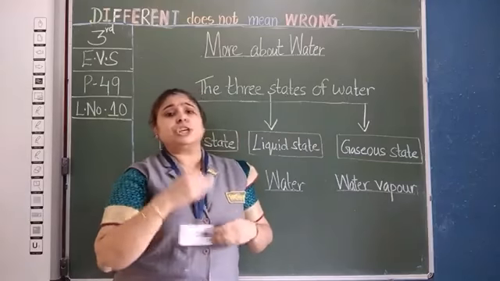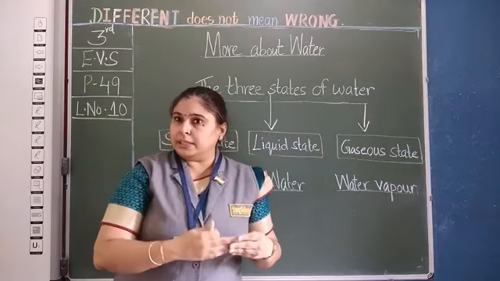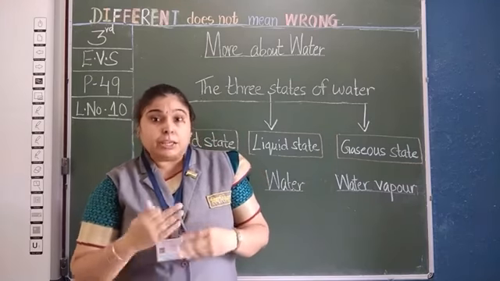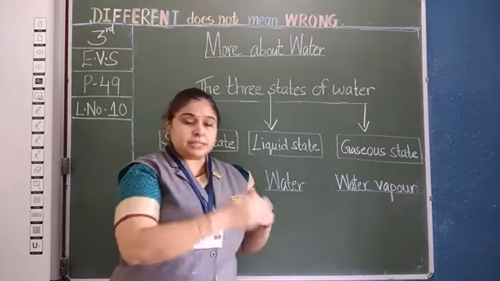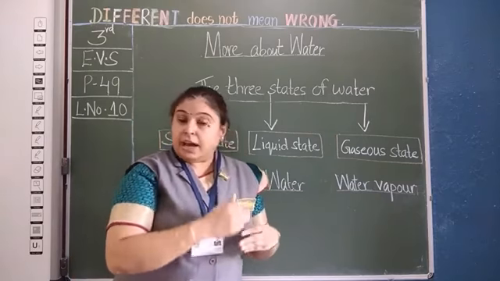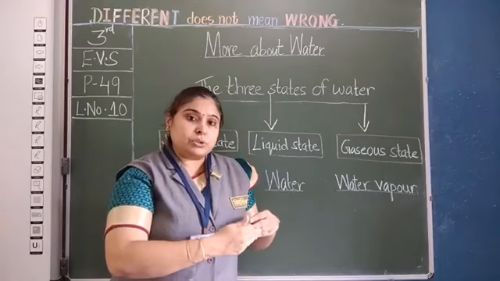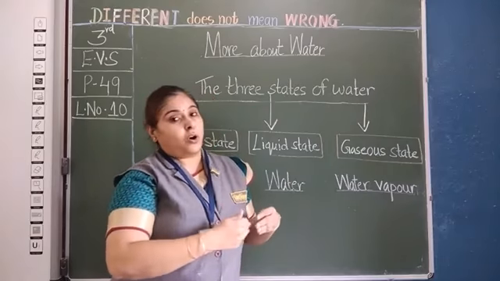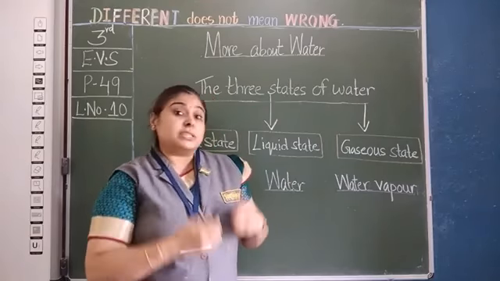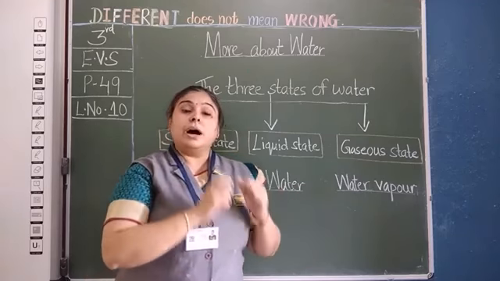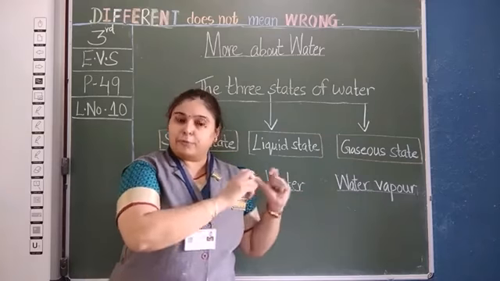Now water can change from one form to another by heating or cooling. Clear? The state of water depends on the temperature, either high or low. Then only can water change into a different state or form. In the same way, cloud, rain, snow, all are made up of some form of water.